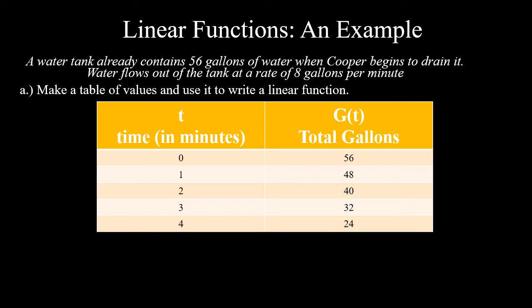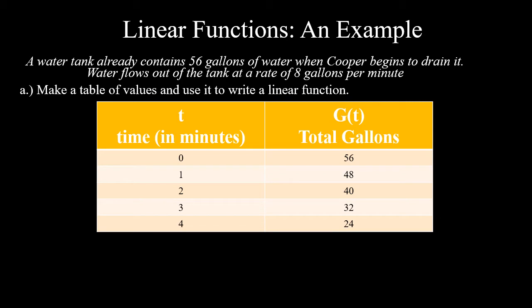So my input here is time in minutes. We know that this water tank is draining at a rate of 8 gallons per minute. So I called my input variable t for time, and my units are, of course, minutes. So that's where this whole left side of the table is coming from. And of course, my output is how many gallons I have, my total gallons.